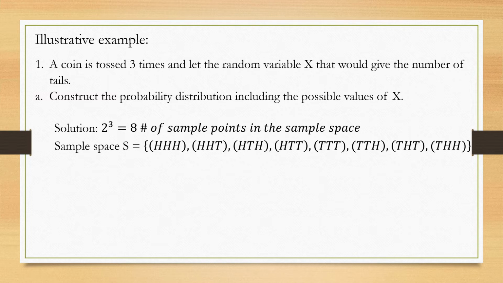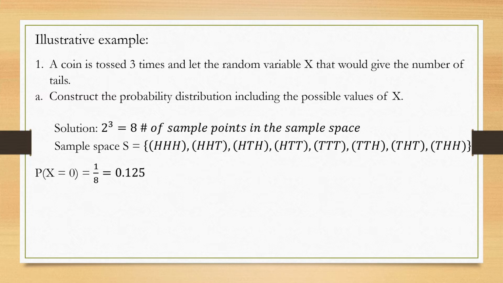We have tail, head, tail, then we have tail and 2 heads. So these are the possible outcomes in tossing this coin, considering that there will be no repetition of outcomes in the sample points of the sample space. Next, we have to get the probability of each outcome.